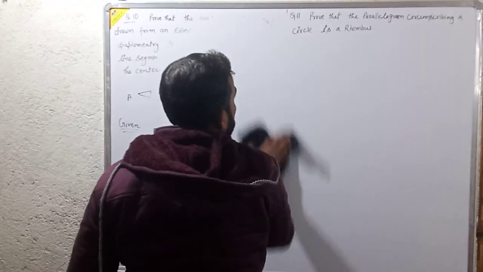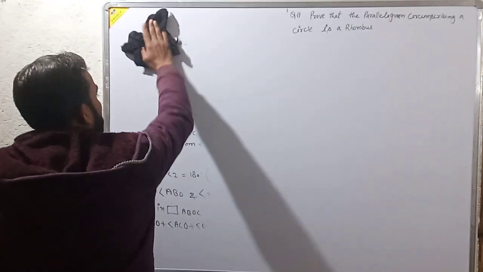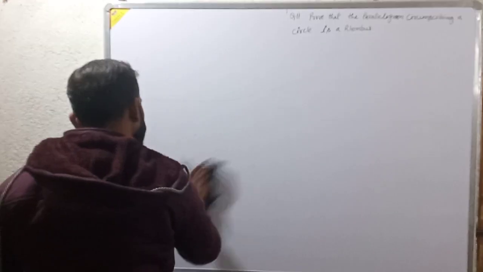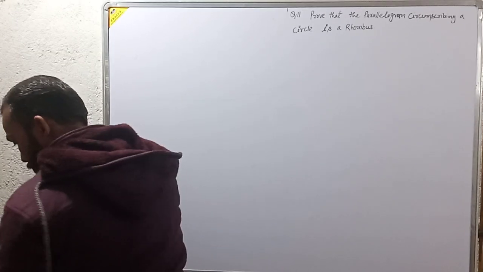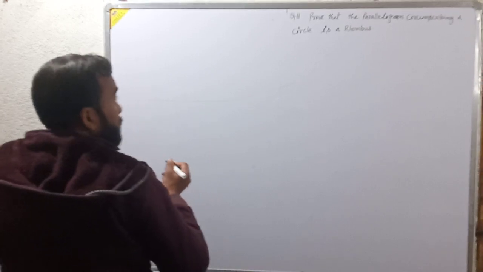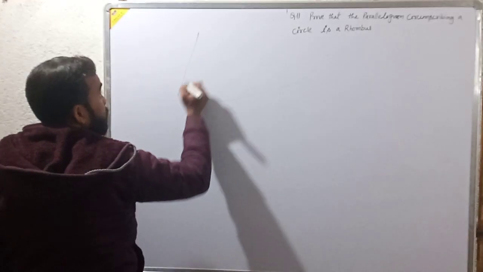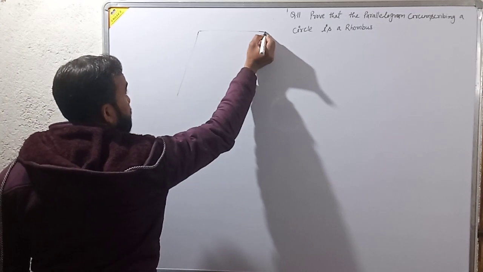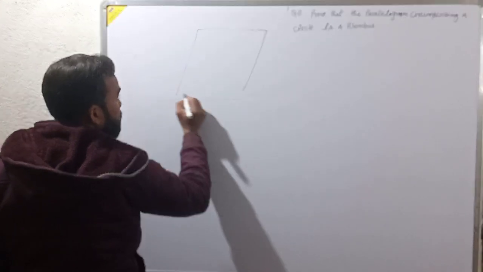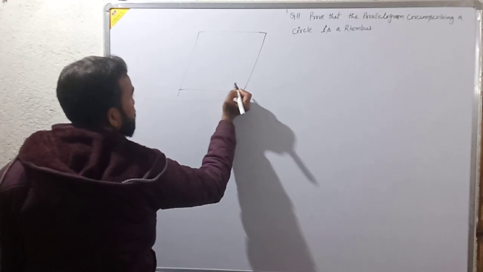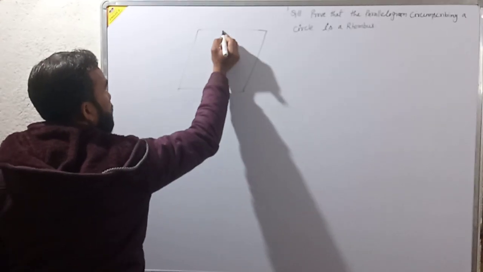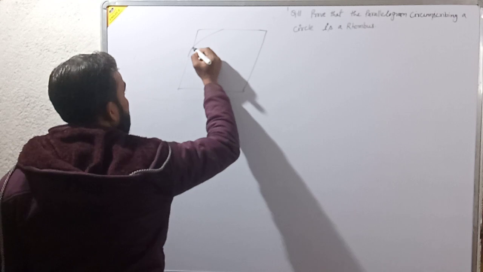Question number 11. First we draw a diagram with the given information. Let us suppose this is the parallelogram and this is the circle.